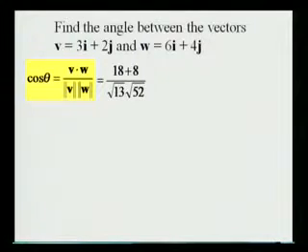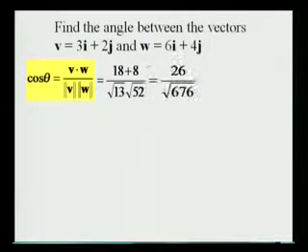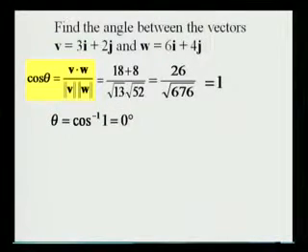Modulus of v is root of 3 square plus 2 square, 9 plus 4, which is 13, and modulus of w is root of 36 plus 16, which is 52. So cos theta is equal to 26 upon root 676, which is 1. So theta is cos inverse 1, which is 0.